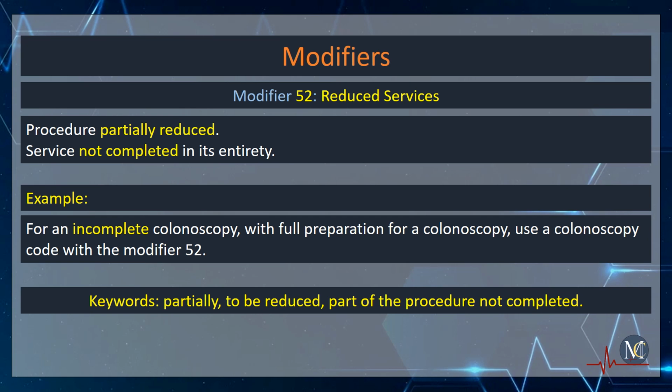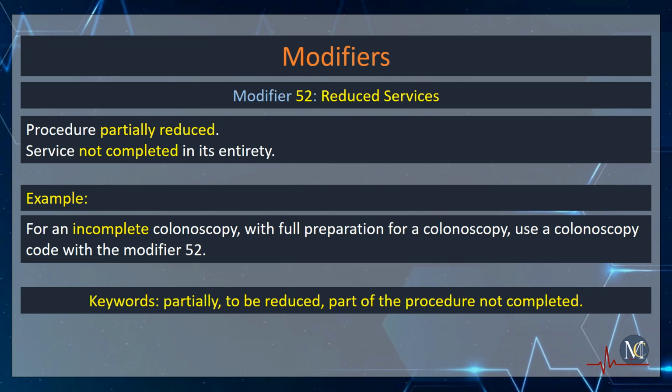Modifier 52. Modifier 52 is used in the CPT coding system to denote a reduced service. It indicates that a service or procedure was partially reduced or discontinued. If a provider plans or expects a reduction in the service or electively cancels the procedure prior to completion, we should append modifier 52.